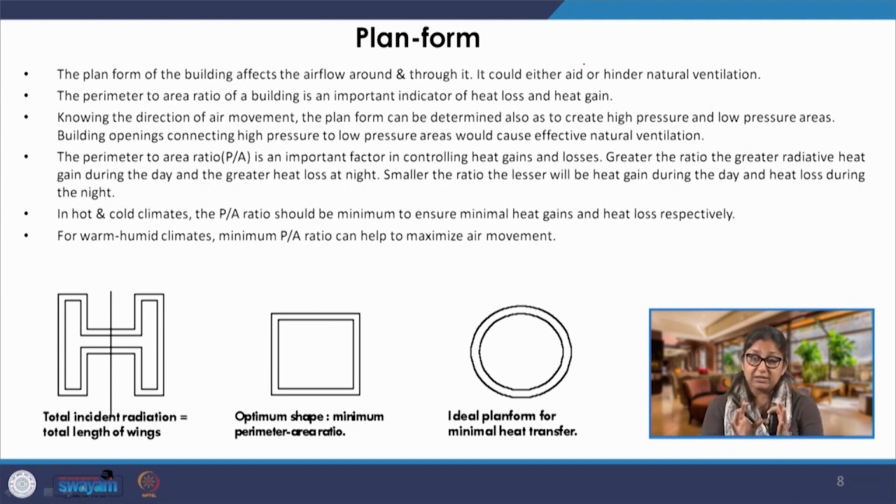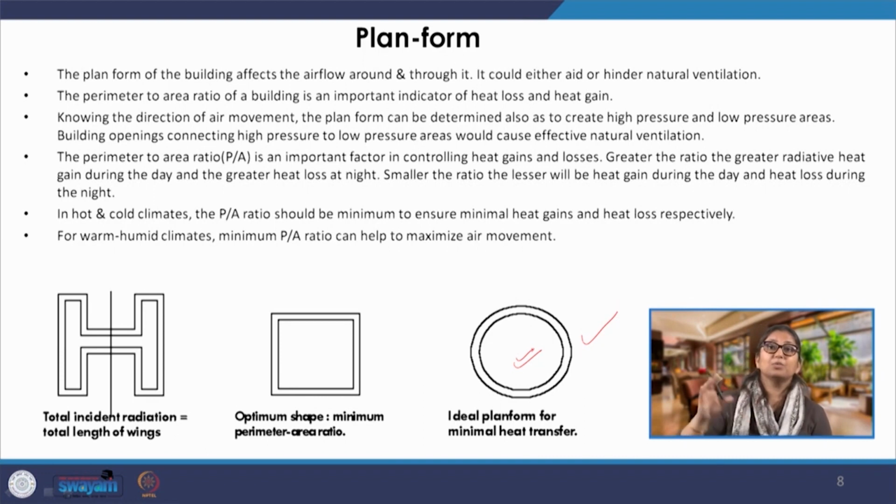Now, we have to understand the qualities of different plan forms. For example, if we have a circular plan form, we clearly know that the perimeter of the circle is smallest as compared to any other form for the same area that it encloses. So, that is the reason why we find that in hot climates, buildings are traditionally designed to be circular.